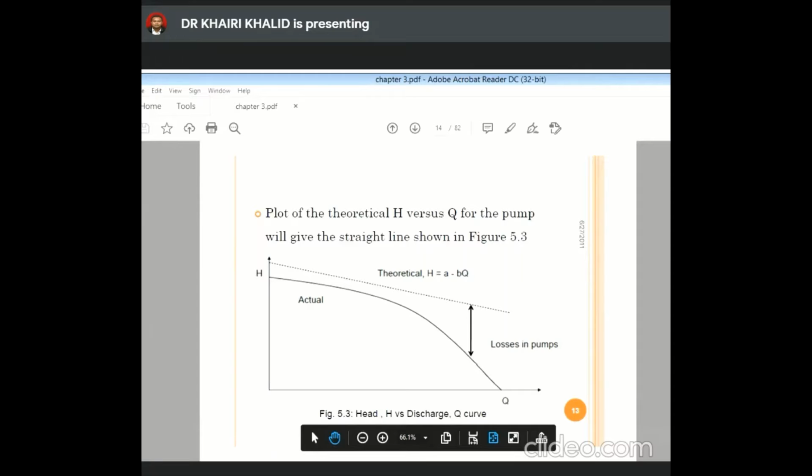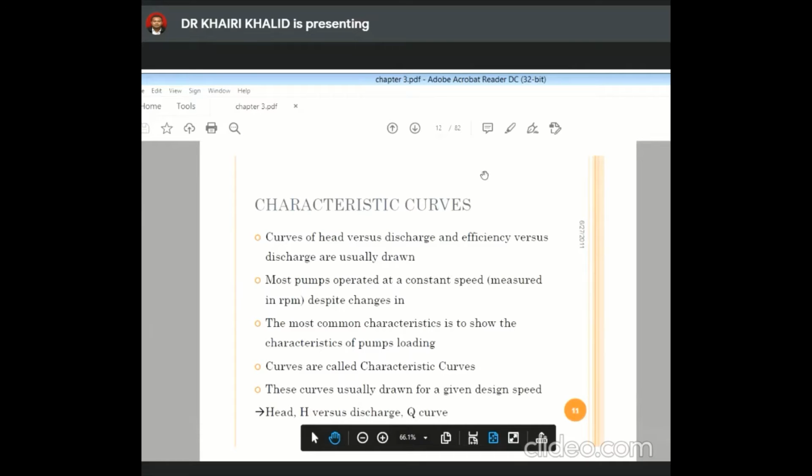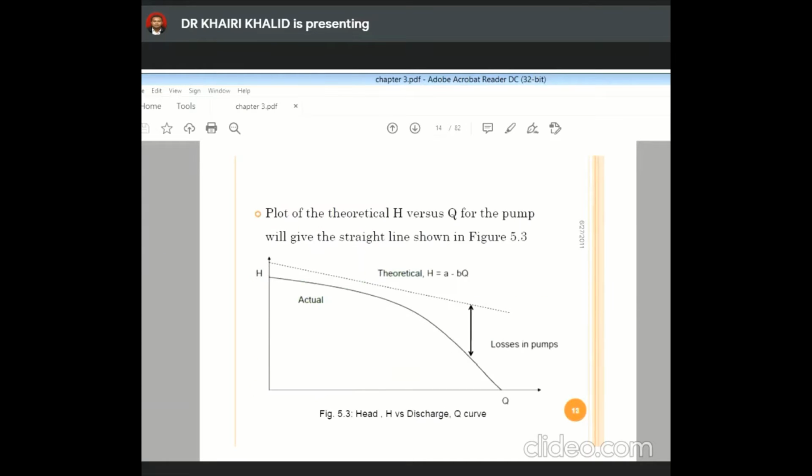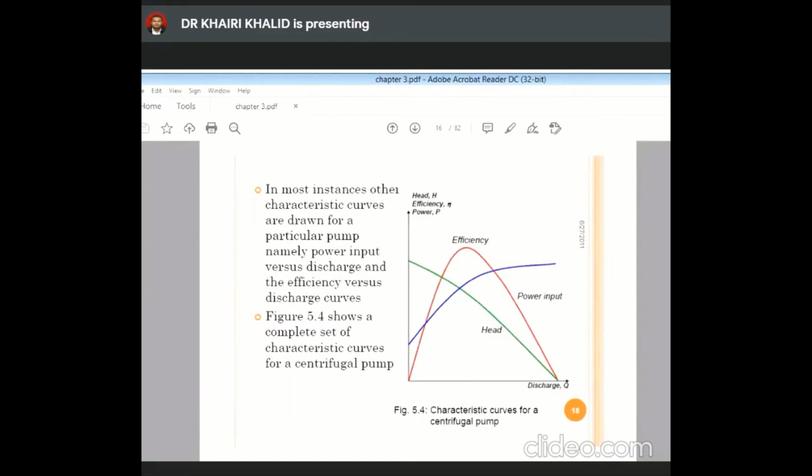Let me have a look first in terms of the data. Curves of head versus discharge and efficiency versus discharge are usually drawn. Let me show you the actual one here.